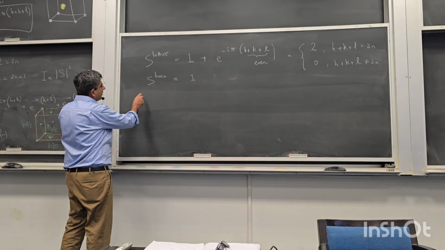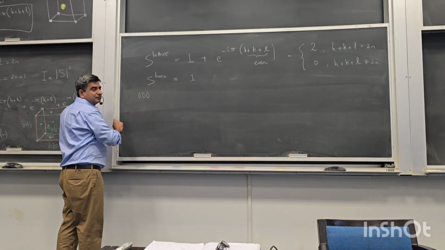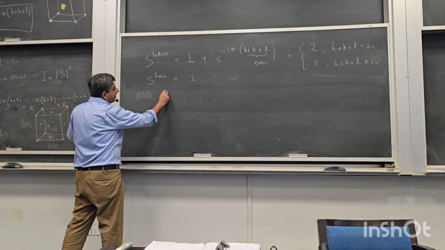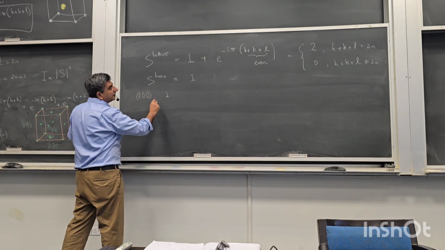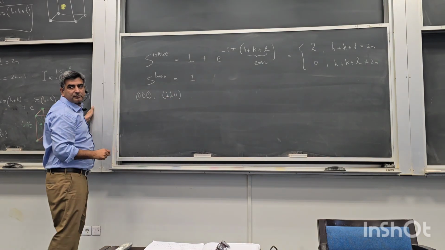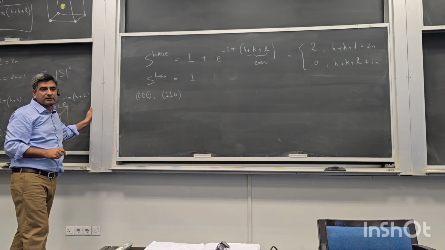So only these reflections exist: 0 0 0 from this plane, 1 1 0. 1 1 1 will not exist. There will be no reflection from the 1 1 1 plane.